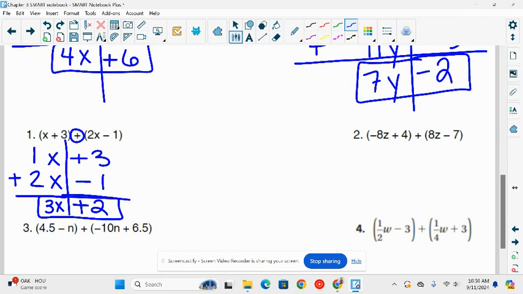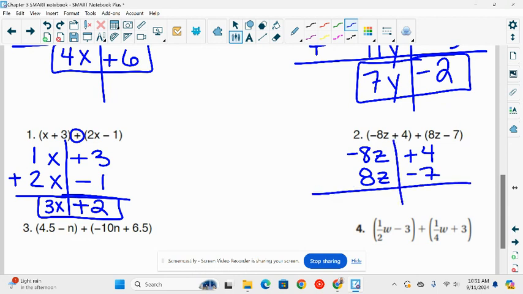Alright, try number 2. When I stack it up, I've got negative 8z plus 4, and then 8z minus 7.